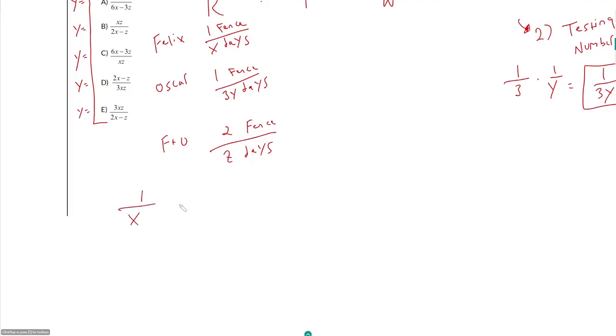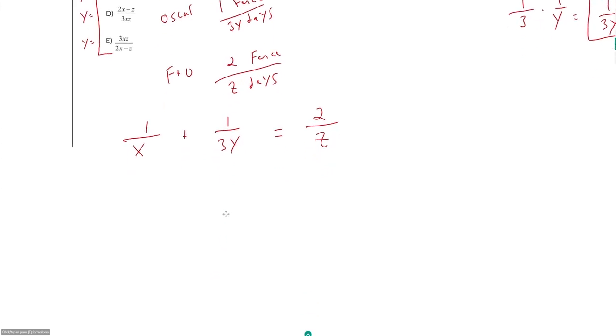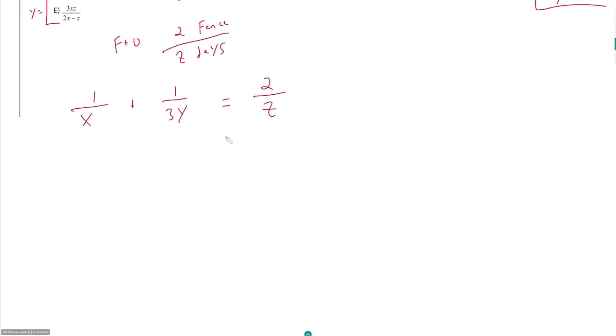So 1/X plus 1/3Y should be equal to 2/Z. Now I just need to get Y by itself. To start, I will move the X over here, so subtract 1/X from each side. Now I want to combine my fractions on the right side. How do I do that here? Usually we need a common denominator, and usually you are looking for the least common multiple of your two denominators.